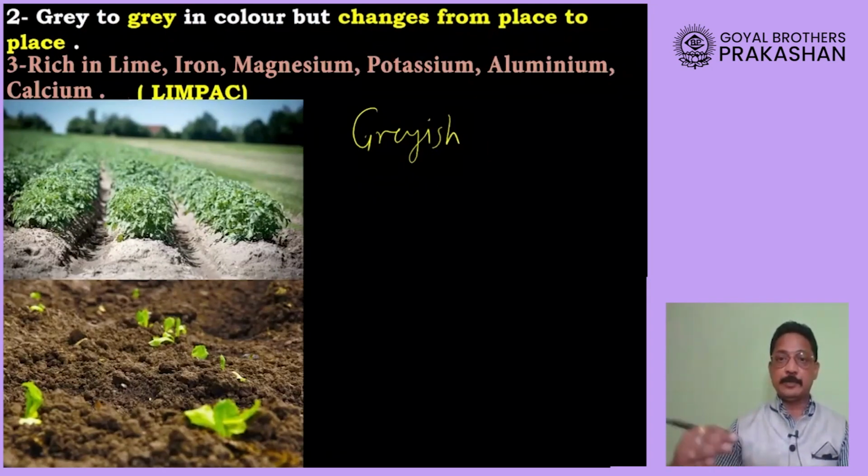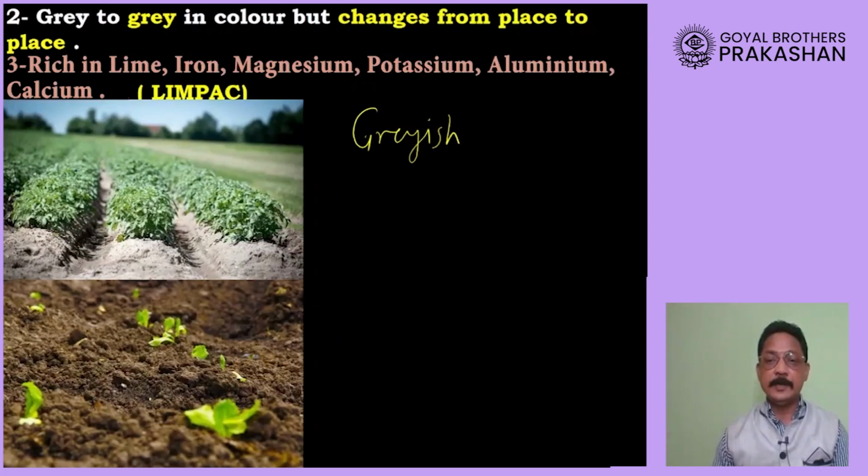Its second characteristic is that this soil is grayish in color, but its color changes from place to place. Now, why does the color change from place to place? The reason is we have studied that this soil is formed by the depositional work of the river. If the river is flowing over black color rocky region, the alluvial soil's color will be blackish or darker.